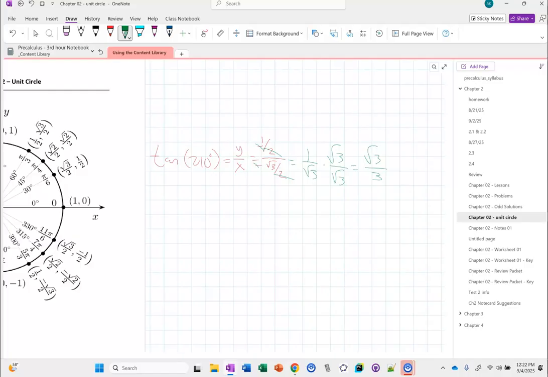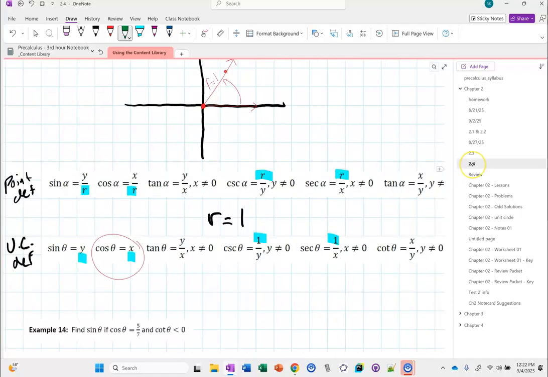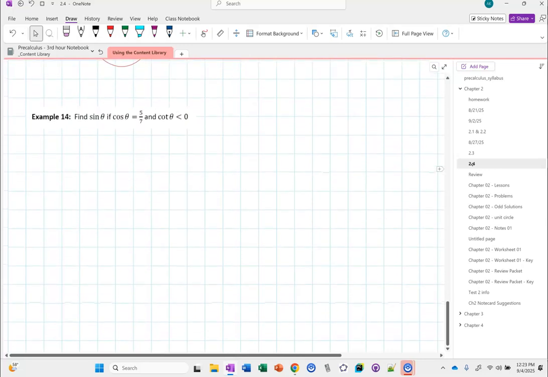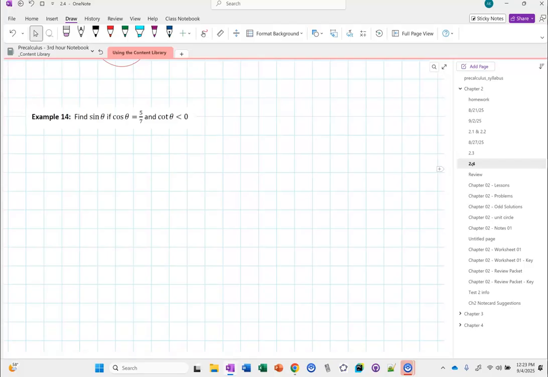I think I have one more example in here to do. It says to find sine theta if cosine theta is 5 over 7 and cotangent theta is less than 0.